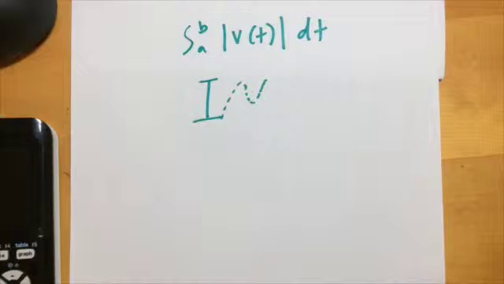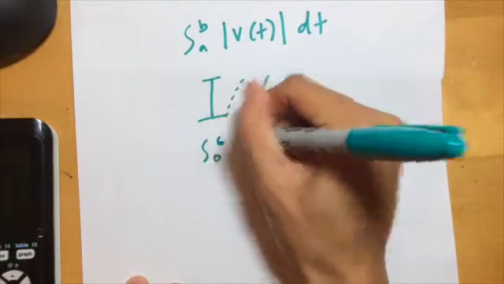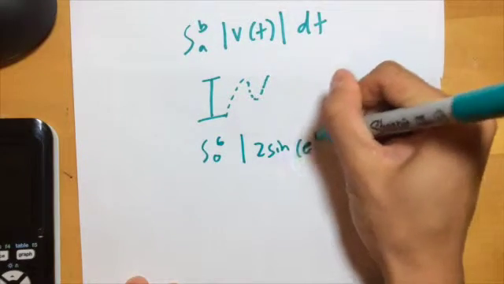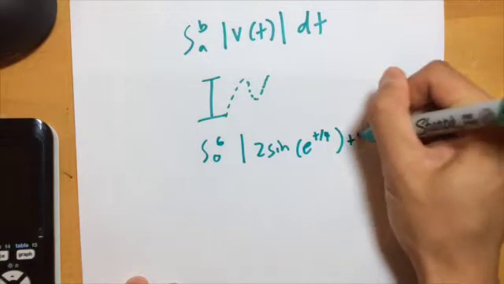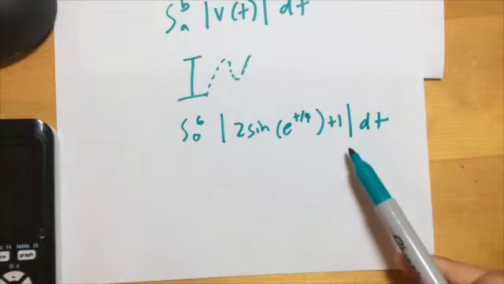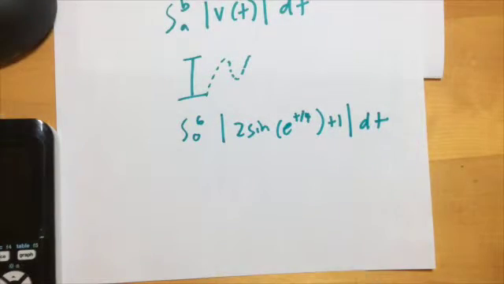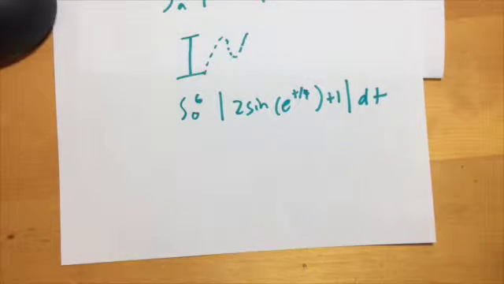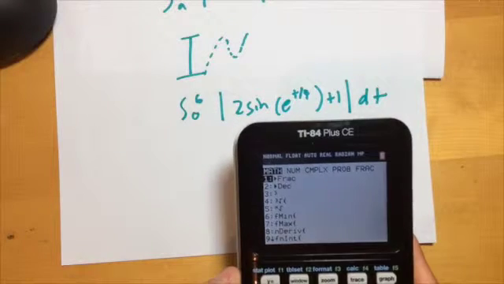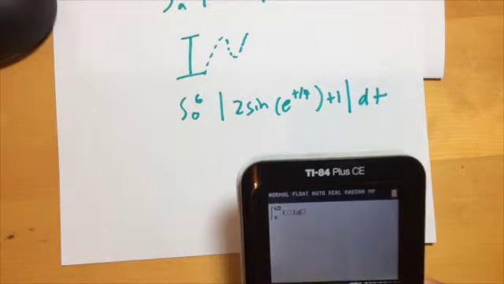So the equation to find the answer to this question would be this. Don't forget the absolute value signs, as this is very important. Without it, you'd be finding the total displacement instead of the total distance. Now that you know the equation, you can plug it into your calculator. So on a TI-84, again, you do math 9 from 0 to 6.